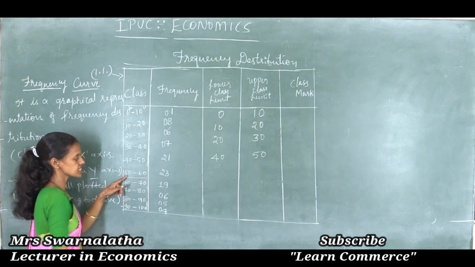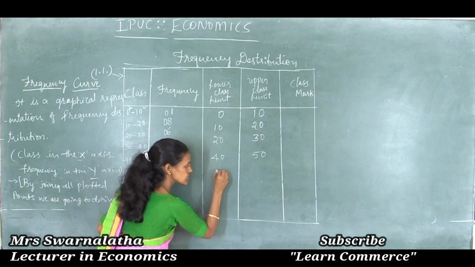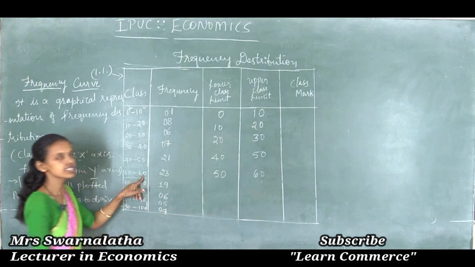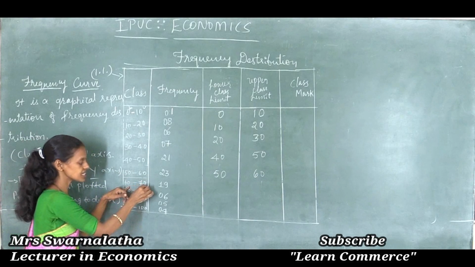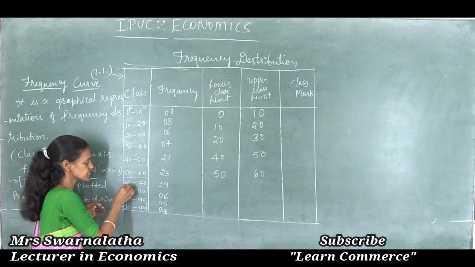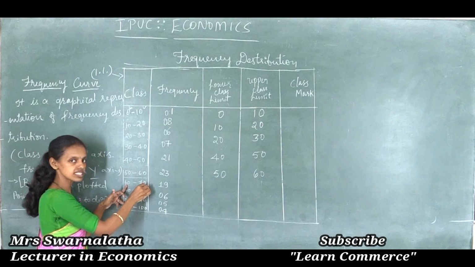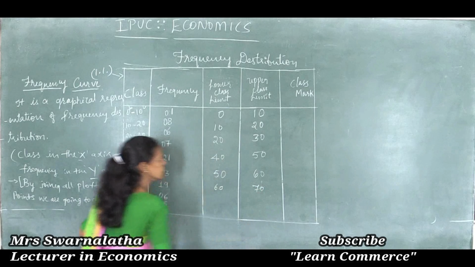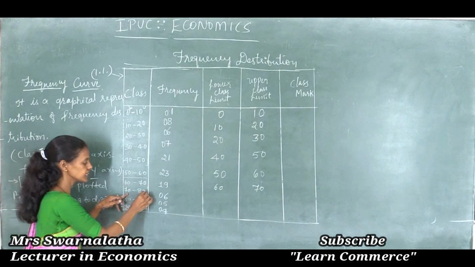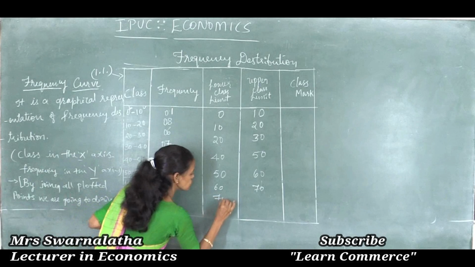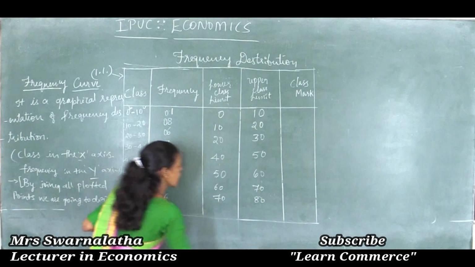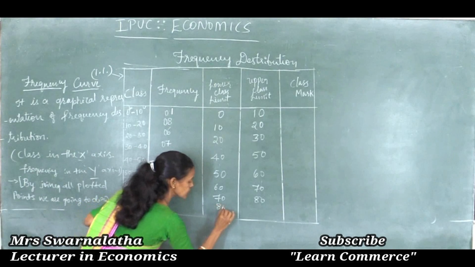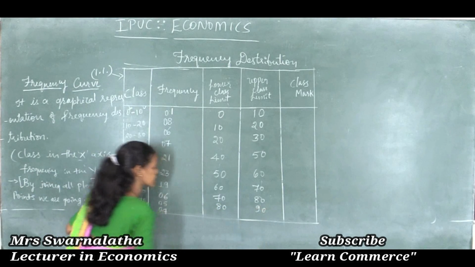Next 50 to 60, 50 is the lower class limit, 60 is the upper class limit. In the 60 to 70 class interval, 60 is the lowest value, 70 is the highest value. 60 is the lower class limit, 70 is the upper class limit. 70 to 80 is the same: 70 is the lower class limit, 80 is the upper class limit. 80 to 90, 80 is the lower class limit and 90 is the upper class limit.